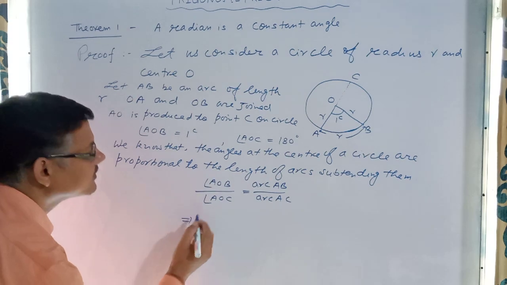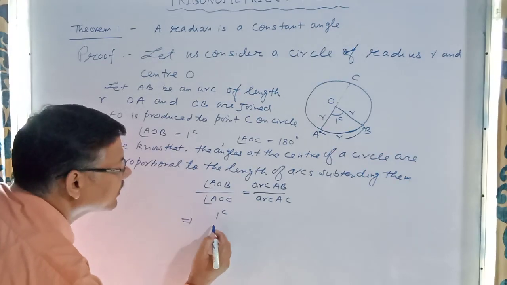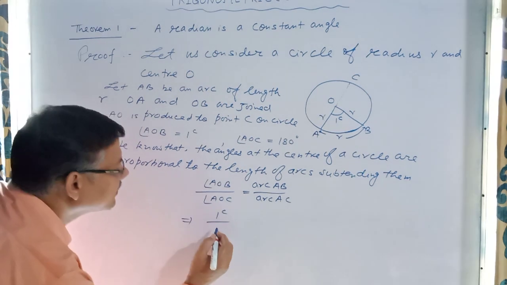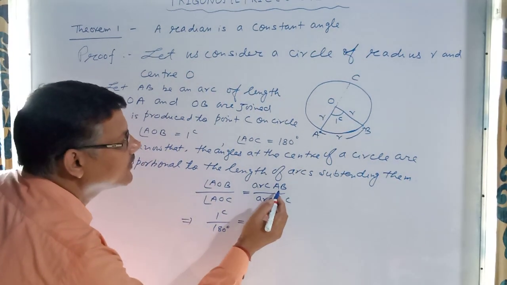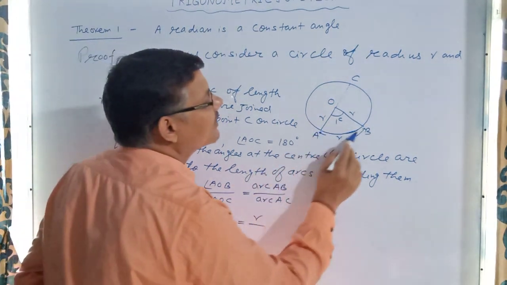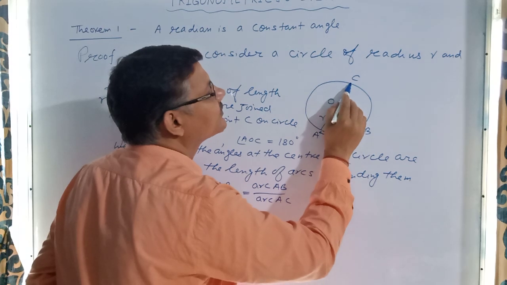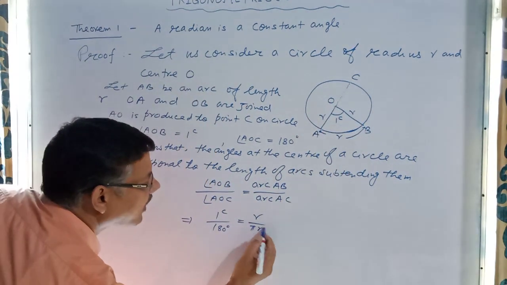It implies measure of angle AOB, this is 1 radian, over measure of angle AOC, it is 180 degree, is equal to arc length AB, r, over arc AC. And what is arc AC? It is actually a semicircumference. So that's why it is taken as pi r.